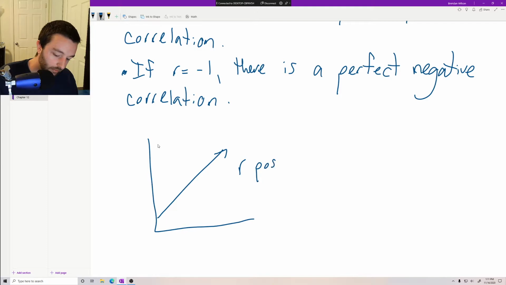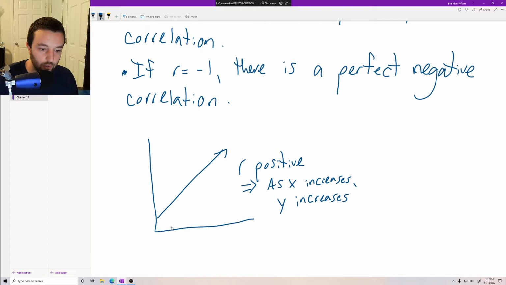Okay. So maybe I'll write that part down. R positive implies as X increases, Y increases. Okay. So as you go over horizontally, you're also going up vertically.